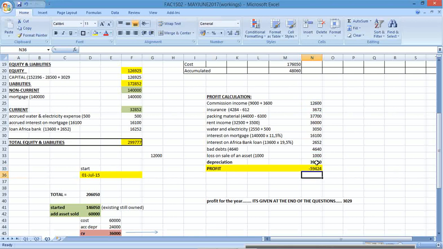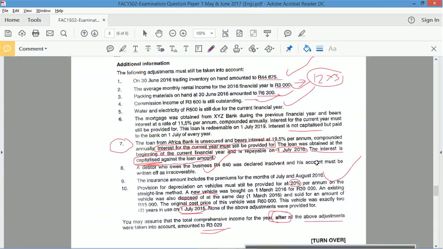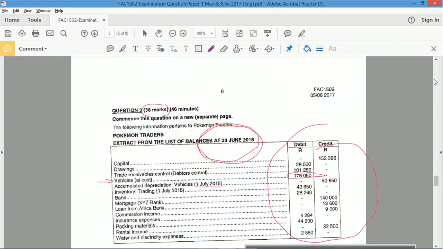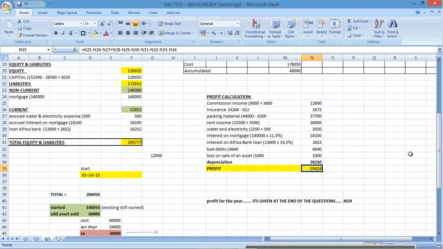That's what I get, and that's a loss. That's the commission income. Was anything else here? Yeah, I'm up to about 12,000. What is 12,000 for? Let's see. What could it be for?